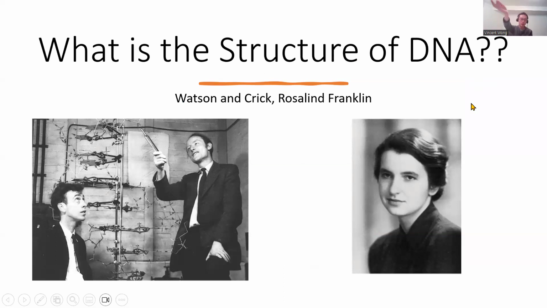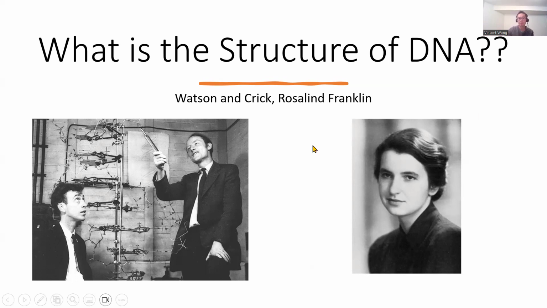After the Hershey and Chase experiment, people now accept that it was DNA that's responsible for passing on genetic information. So the next thing that the scientific community was trying to solve was the structure of DNA. Now that we know this is the important molecule that determines the various traits of an organism, what exactly does it look like?